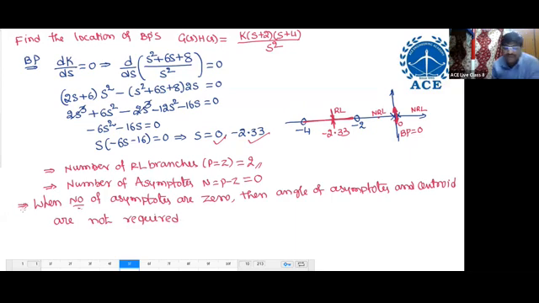When the number of asymptotes are 0, then angle of asymptotes and centroids are not required.